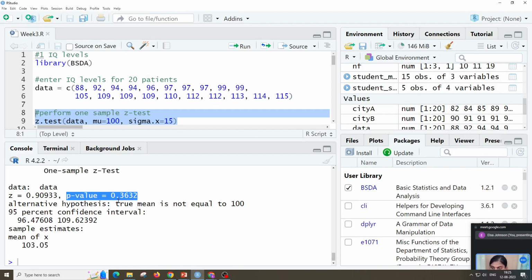Here when we did this, the z score value was coming as 0.9, and the probability corresponding to that was coming as 0.3632. So this is less than 0.5 actually. So you can say that the alternate hypothesis is coming, or the true mean is not equal to 100.